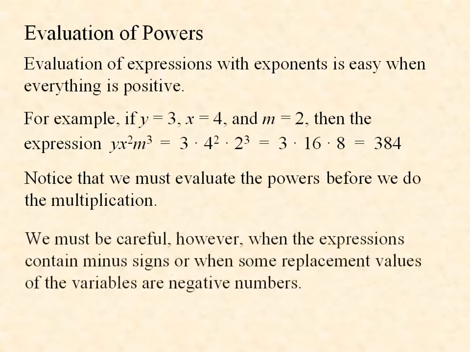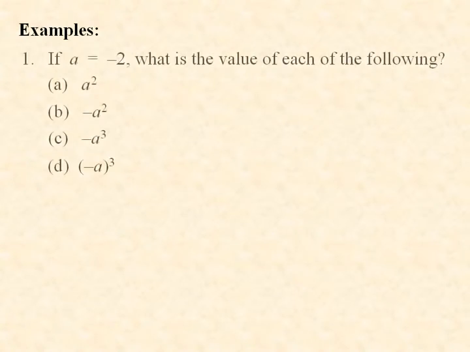We must be careful, however, when the expressions contain minus signs or when some replacement values of the variables are negative numbers. Here are some examples. If a is -2, what is the value of each of the following?